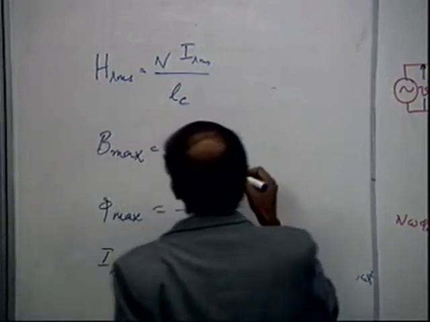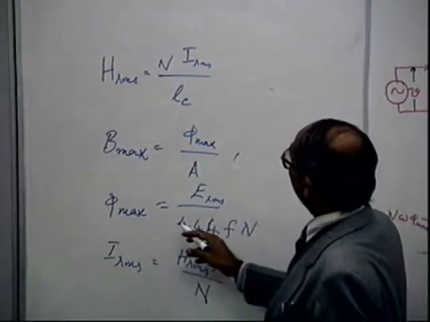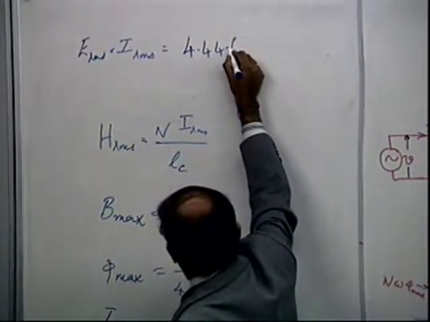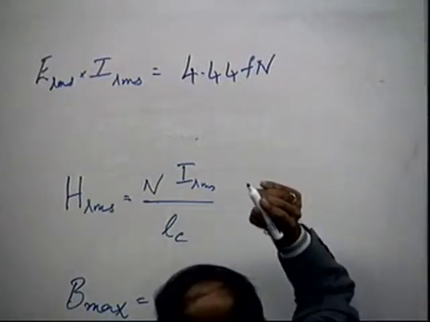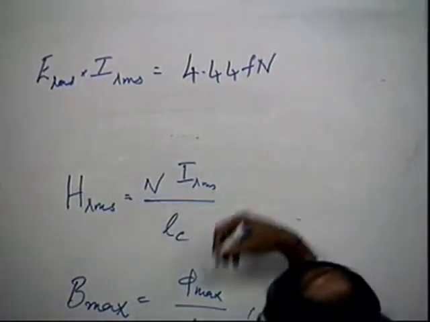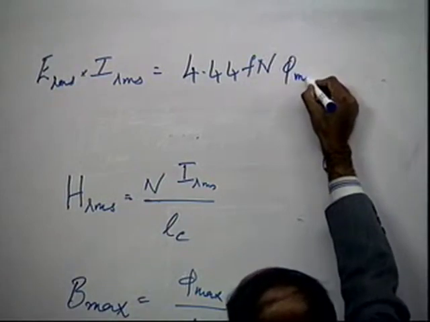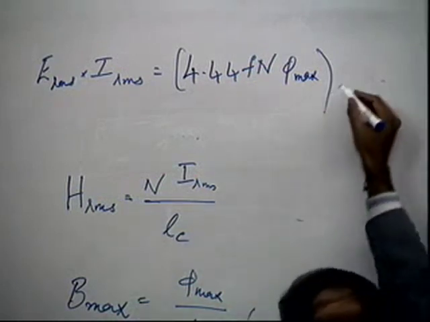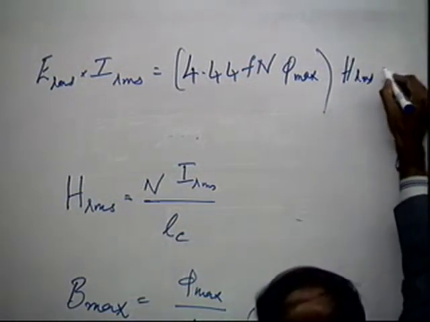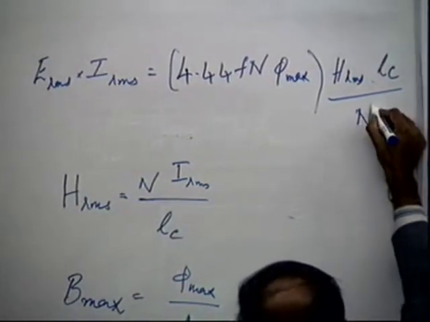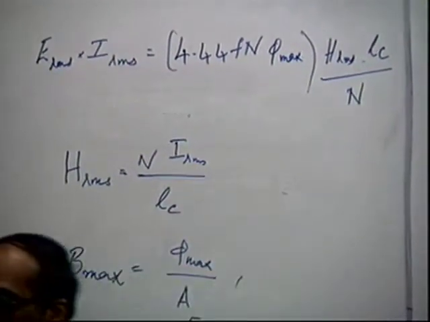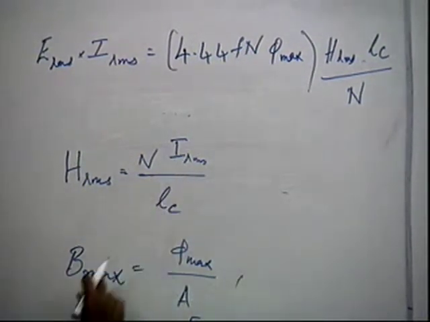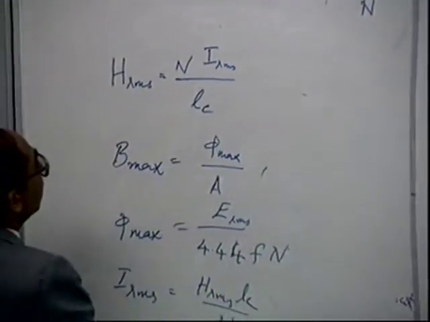See, E RMS is equal to 4.44 F n into phi max, into I RMS, which is H RMS into LC by N. But phi max is A into B max.